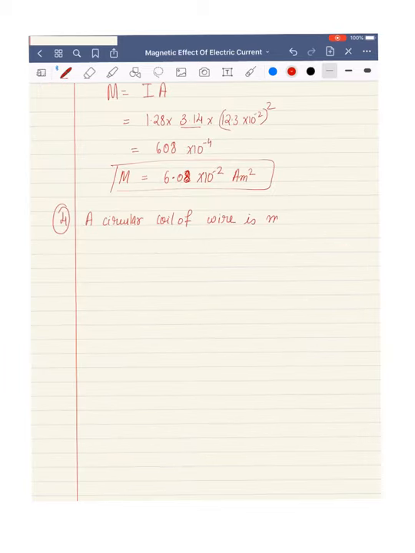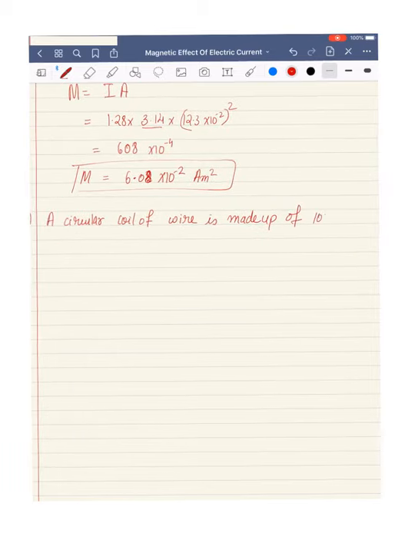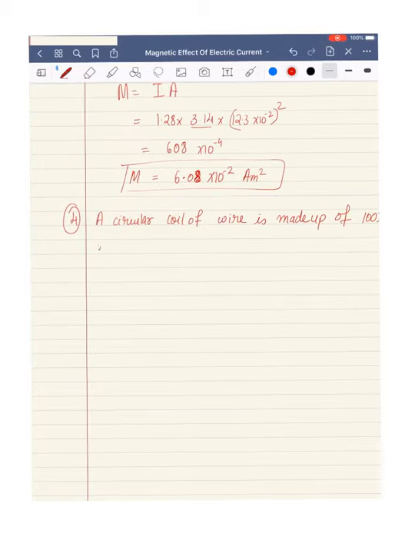Now coming to the next question, that is question number 4. A circular coil of wire is made up of 100 turns, each having a radius of 8 centimeter.